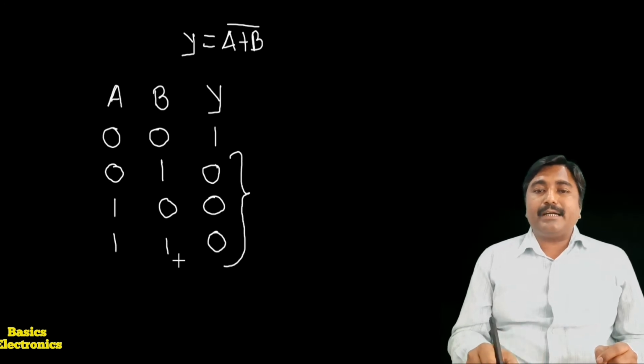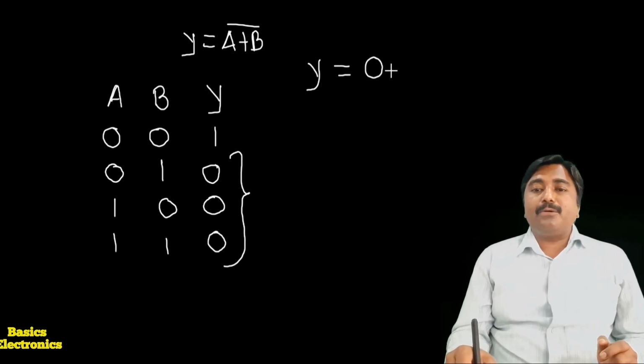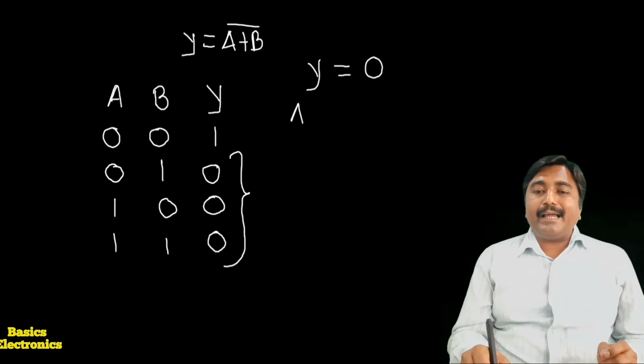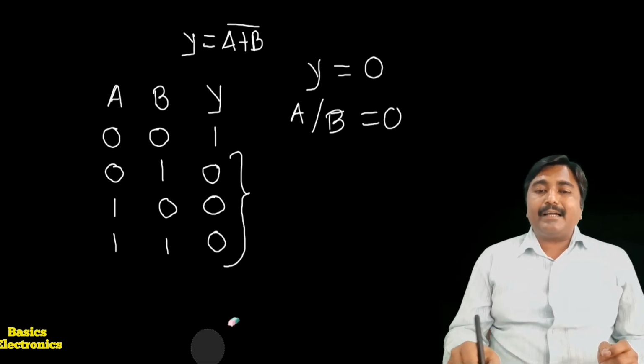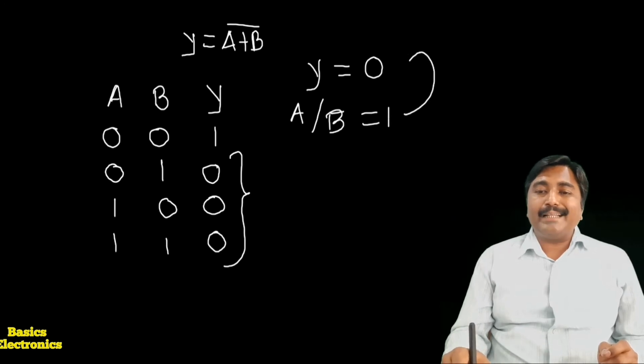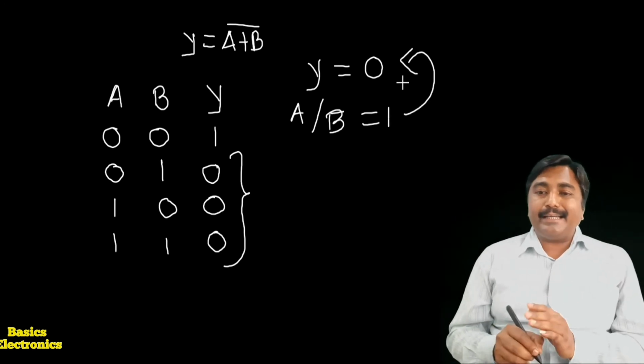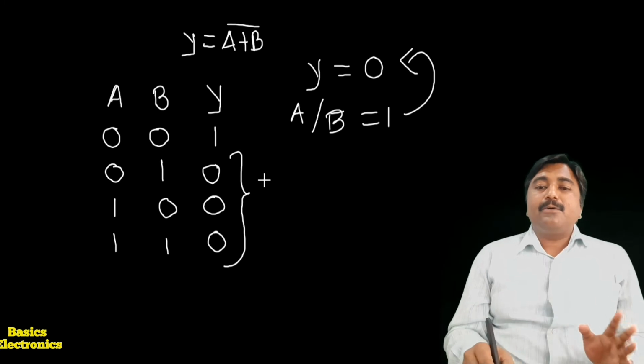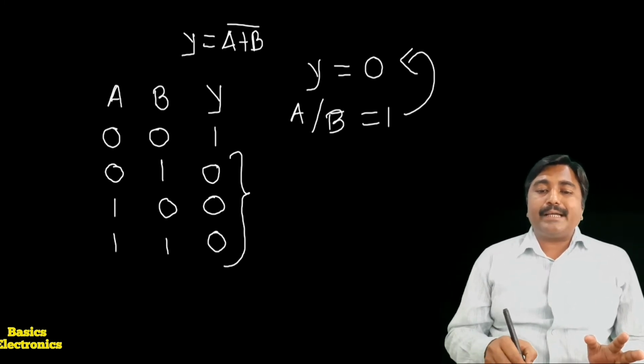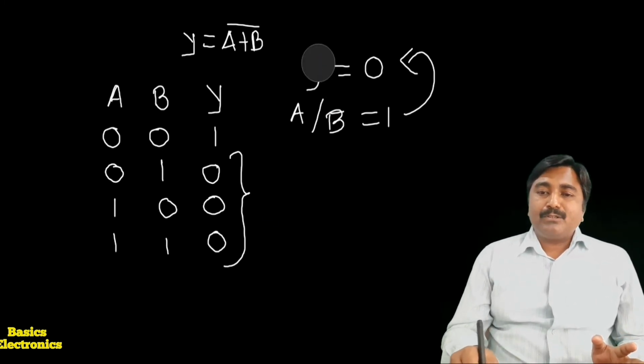By using these three conditions, we can say the output of the NOR gate Y is 0 or low when either A equals 1 or B equals 1. Here we can write down the don't care condition of the NOR gate.